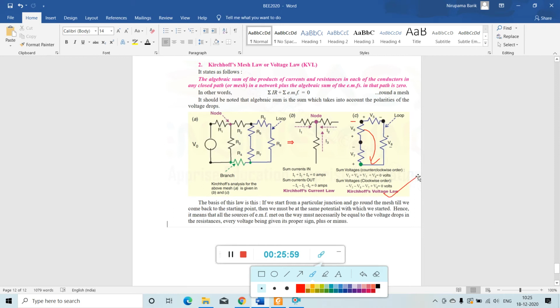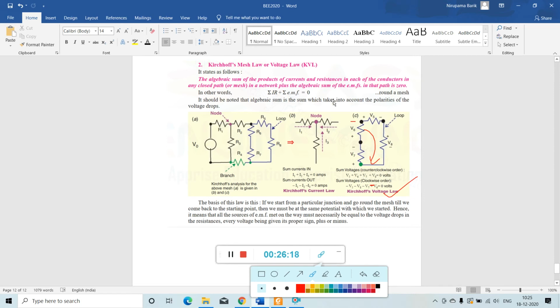This proves Kirchhoff's voltage law. So this is all about Kirchhoff's voltage law.